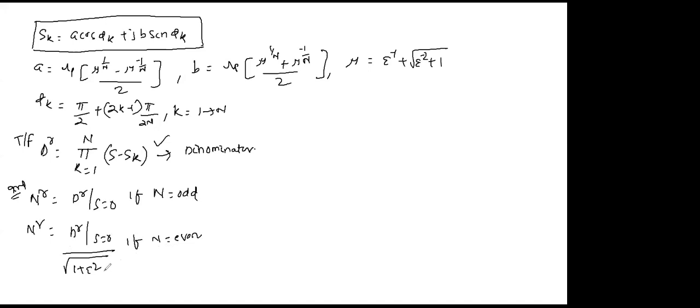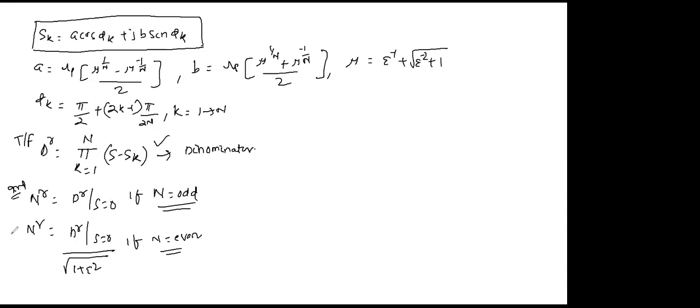I gave the proof also, in Section C and D. That's why it is multiplied with 1 by root over 1 plus epsilon square, and if n is odd, it starts from 1, so I multiply with 1.